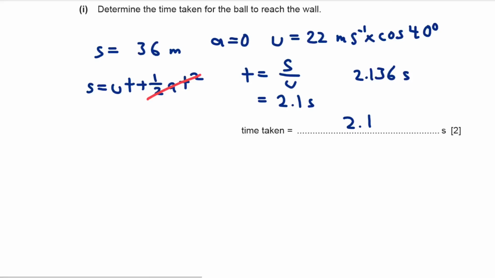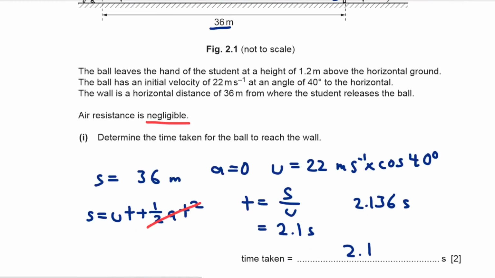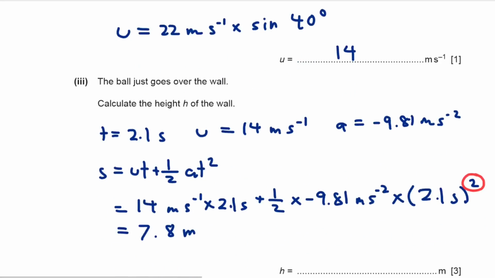Now, the total height is 1.2 plus the displacement. So if this is the displacement, we need 1.2 meters plus the displacement.